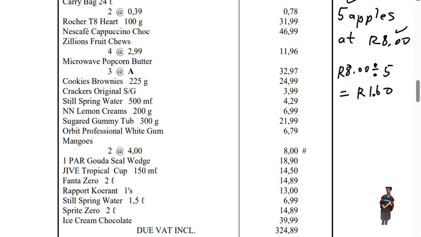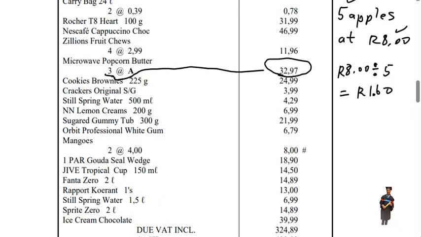She purchased 3 microwave popcorn butter, 3 of them at A. We don't know the cost of each. The price that is written here is actually the cost of each. We have not been given the price of each microwave popcorn, but we have been given the total price of 3 microwave popcorn.